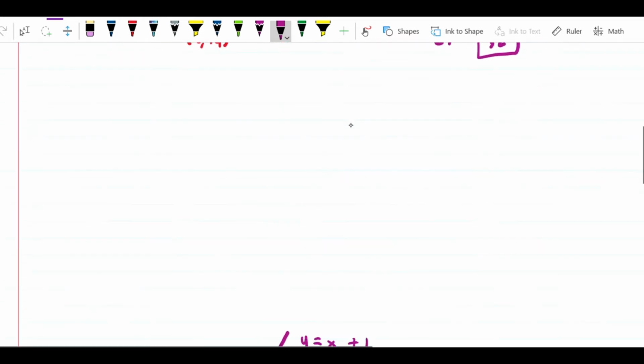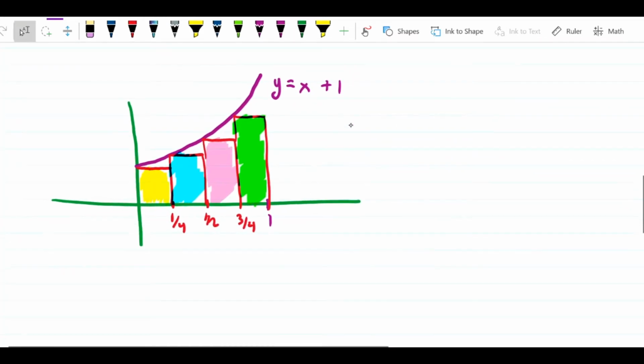Another way that we can do it is like this. We can choose the lowest point. So if we were asked simply to find an approximate area under the curve y equals x squared plus 1, and instead we decided to choose the lowest value in each subinterval, what we would do is choose this point, this point, this point, and this point.